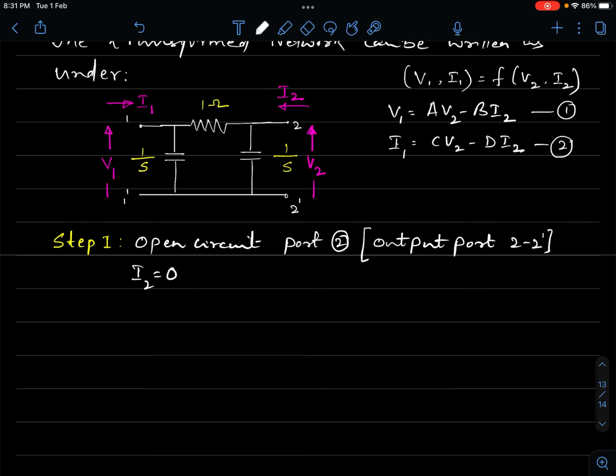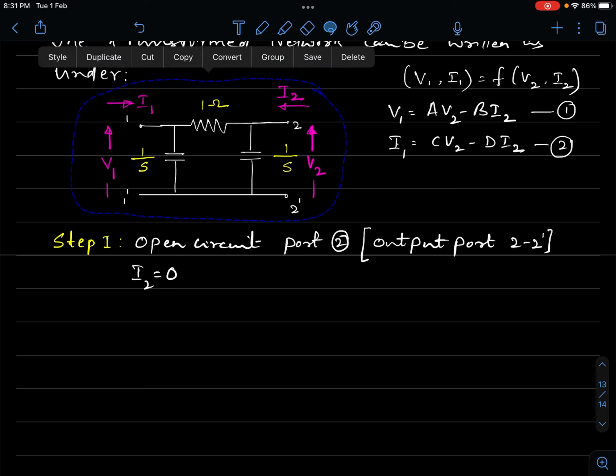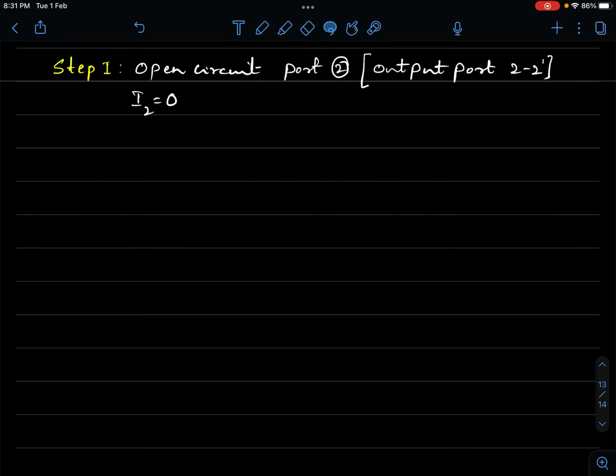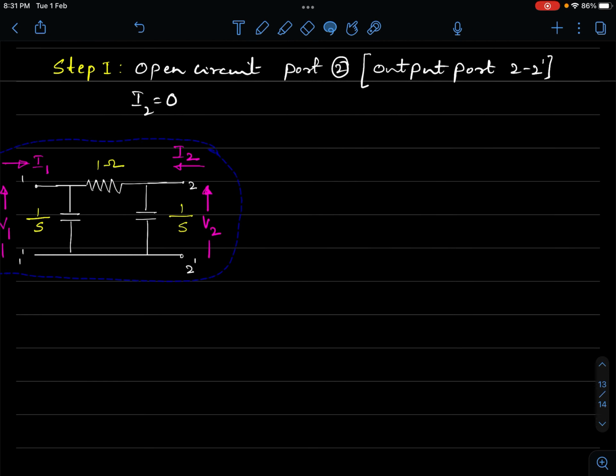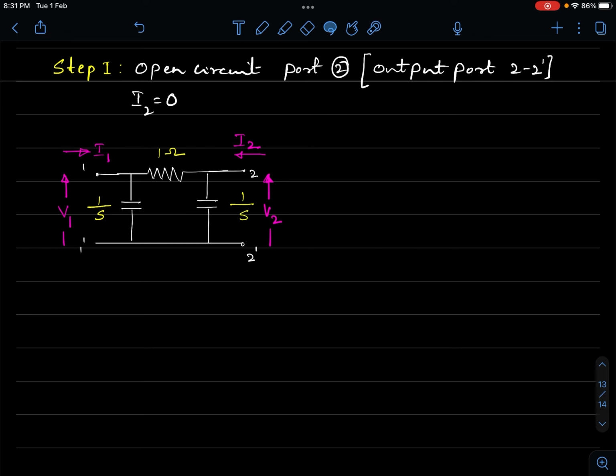I'll again take back the same network because I need not write it every now and then. I'll copy this network and paste it here. Now, how was the situation? We have all these things. The given thing is my I2 is 0.